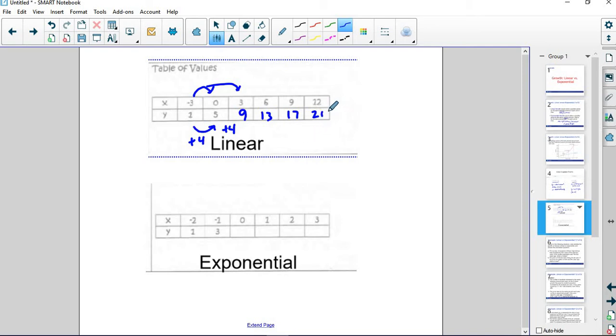If you want to know how much you're going up by, y is going up by 4 every time x goes up by 3. And so M is the slope of this linear equation, 4/3. When x equals 0, y equals 5, and so that's B, and so you get y equals 4/3 x plus 5 if you need to write the equation, okay?